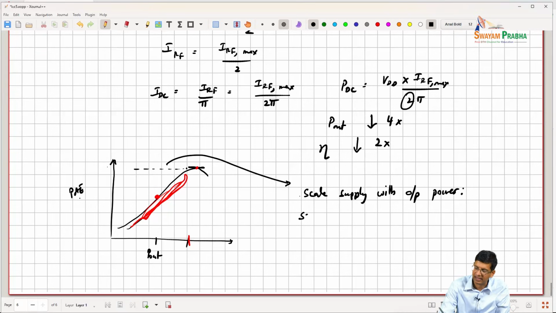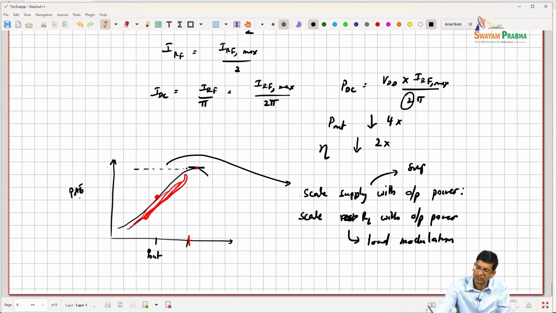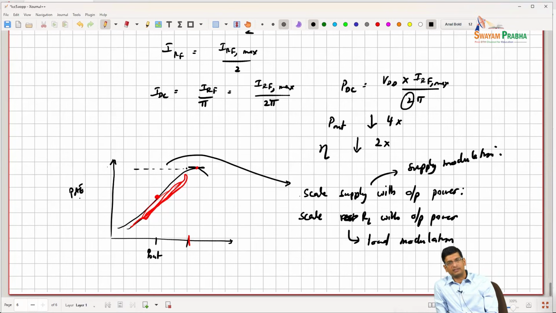Or I scale resistance RL with output power, and we call this load modulation. We call this supply modulation. And in the low gigahertz frequencies, this is done in order to get good efficiency.